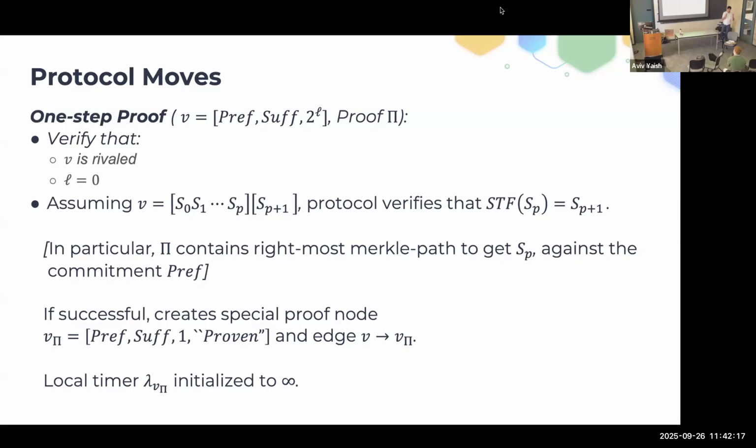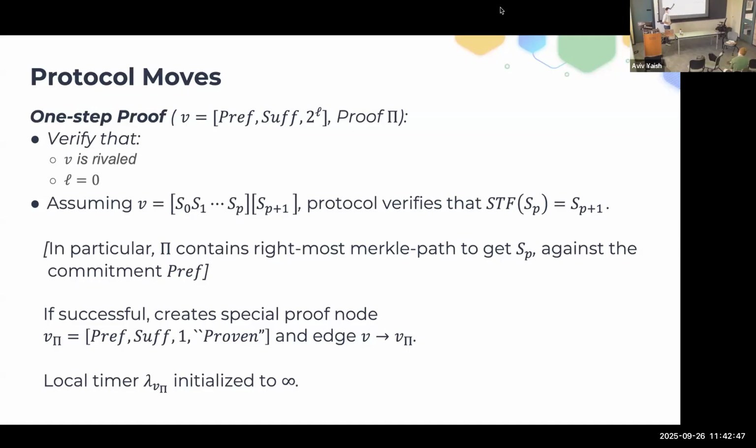Now, how does it do it in principle? Remember that each of these states, when I say state, think of it as all the account balances. It doesn't all fit, so the states themselves are also commitments. For example, what does the proof pi that is given as input contain? First, it needs to contain the rightmost Merkle path. Remember, this is the root of a Merkle tree.